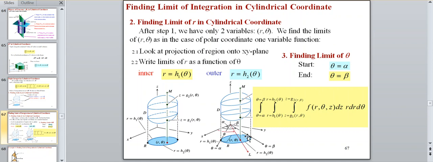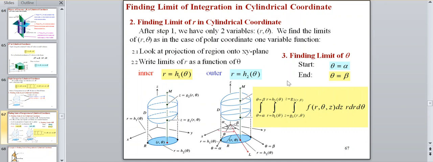Do you remember, to describe this we say r is from some inner curve to an outer curve. So r is from the inner curve with equation r equals h1 of theta to the outer curve r equals h2 of theta.